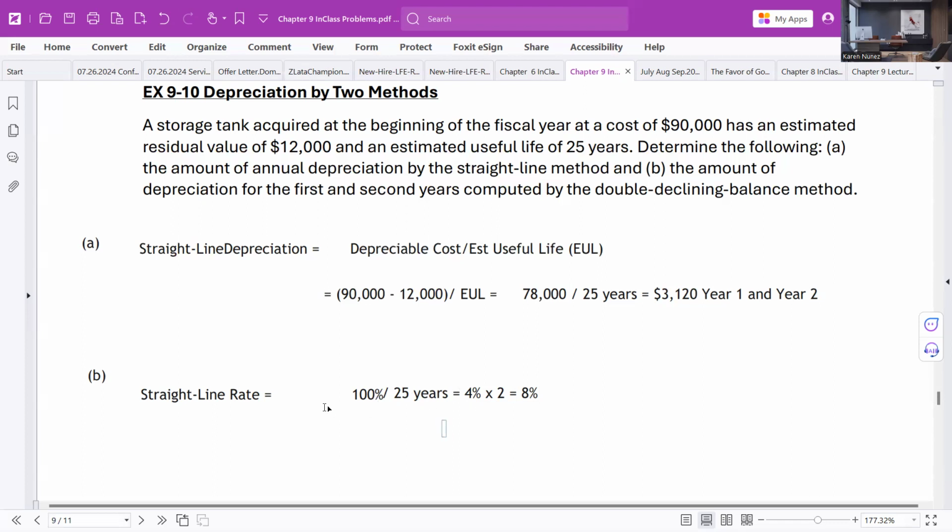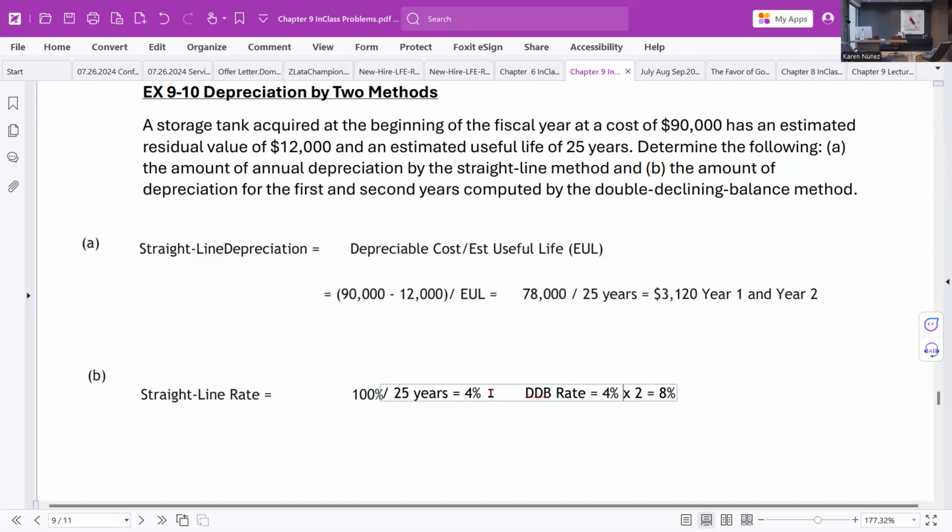So the straight line rate is the 4%. And when we want to find the DDB rate, it's going to equal that 4% times 2, or 8%.